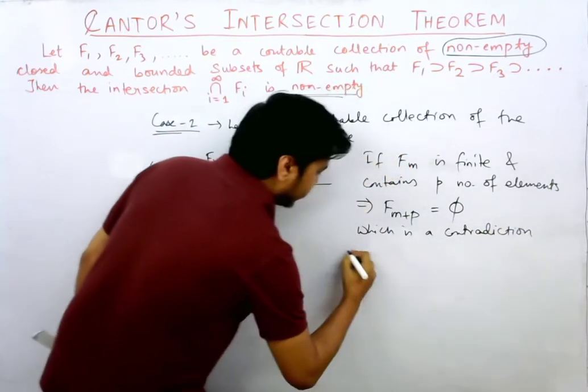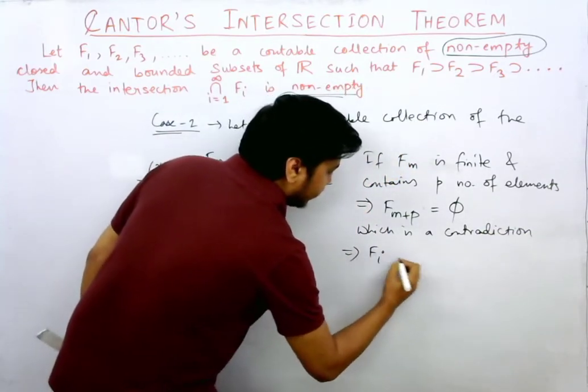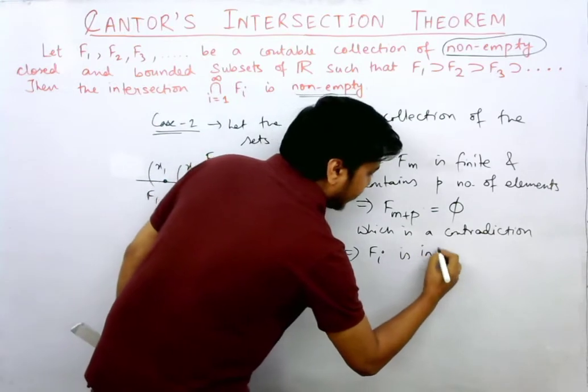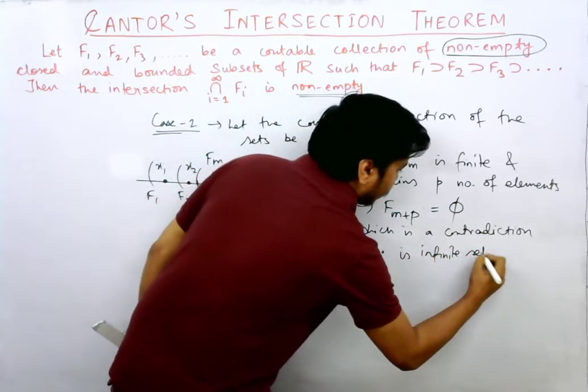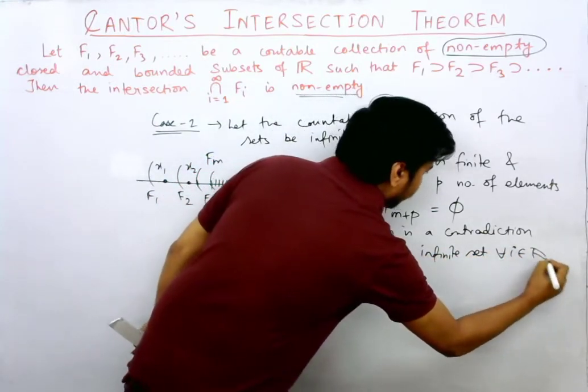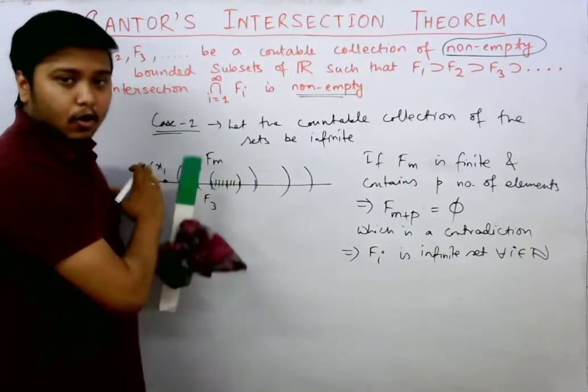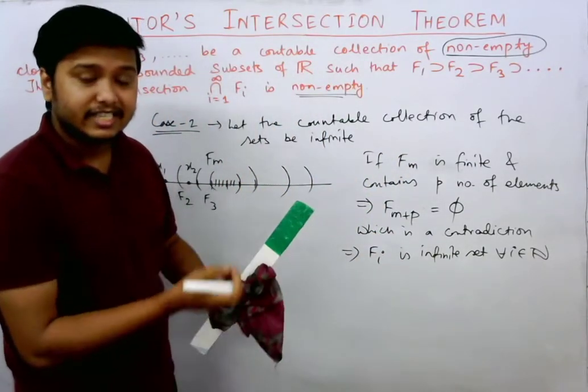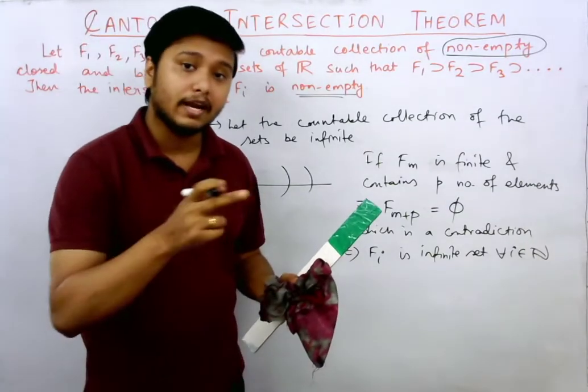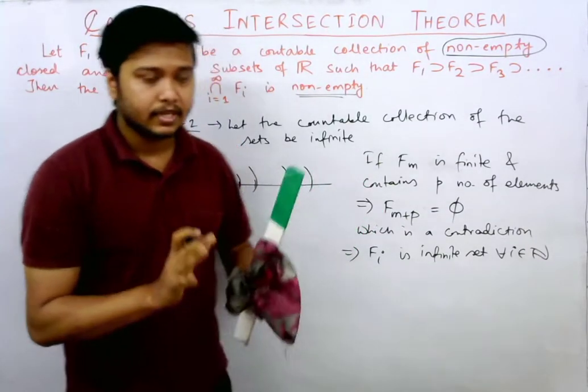So this implies Fi is an infinite set for all i belonging to the natural numbers. That means all these infinite number of sets, each of them is going to have an infinite number of elements inside them.